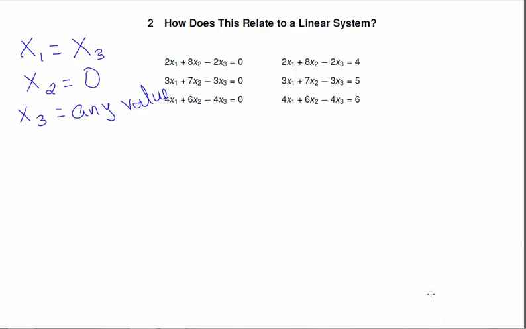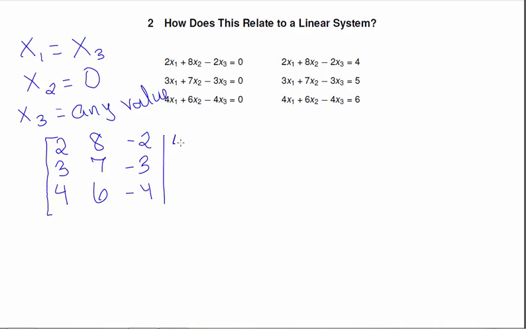So what about the corresponding linear system? Well, let's put it in a matrix and row reduce. So 2, 3, 4, 8, 7, 6, minus 2, minus 3, minus 4, and 4, 5, 6.